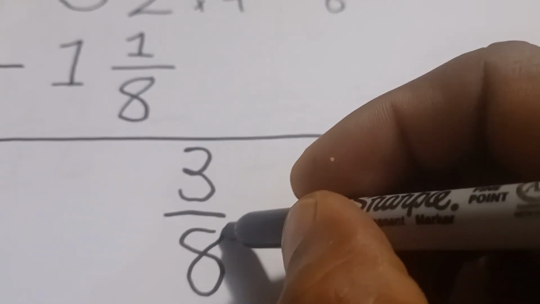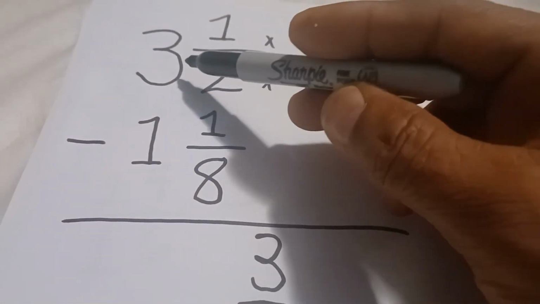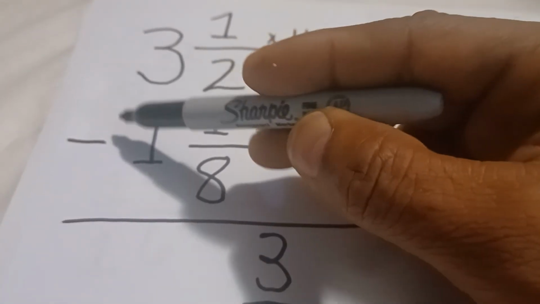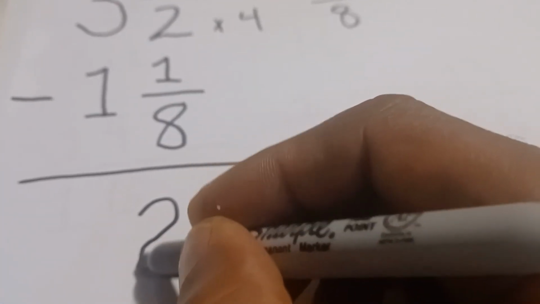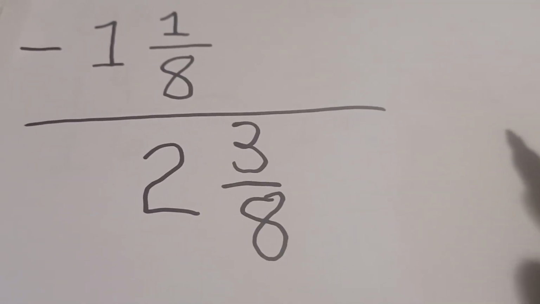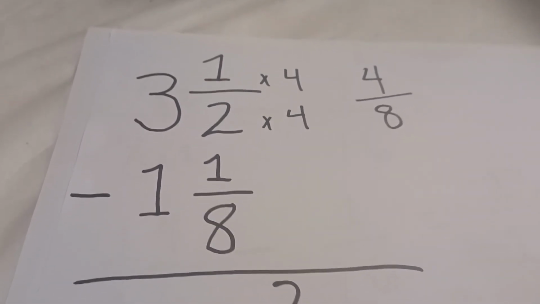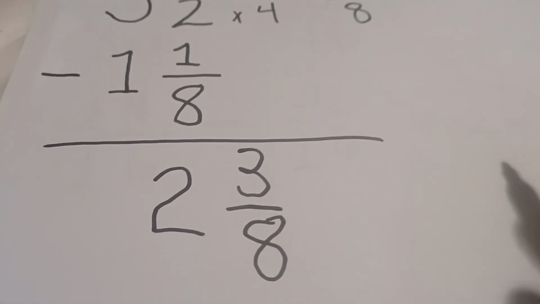Now we simply have to subtract our whole numbers right here. 3 minus 1 gives you 2. Simple. There's your answer: 2 3/8. So 3 1/2 minus 1 1/8 gives you 2 3/8.